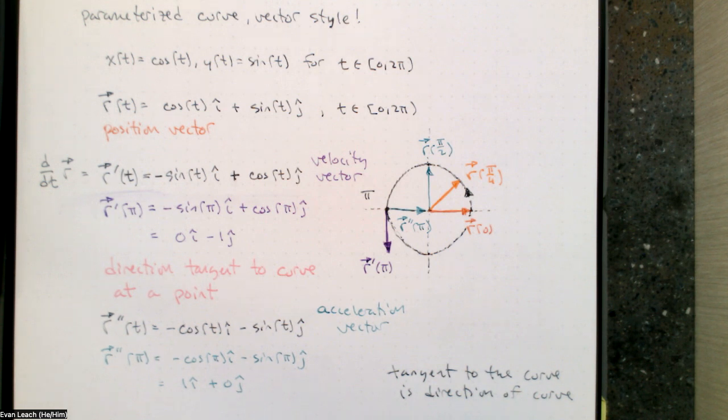When we're on a roller coaster, we want to imagine our velocity vector tangent to the roller coaster. Not a new idea, an old idea framed with a parameterized curve. That's all. Any questions?